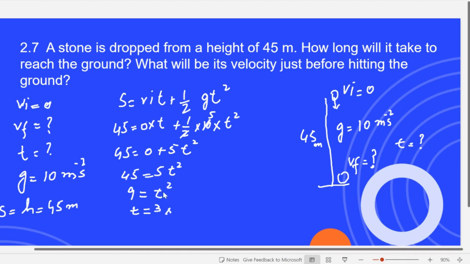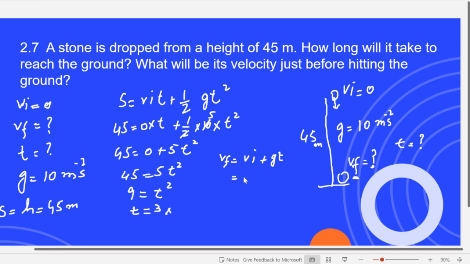We also have to calculate the final velocity, this velocity with which it hits the ground. To calculate final velocity, we use the first equation. Vf is equal to Vi plus g t. The Vi is 0 again.